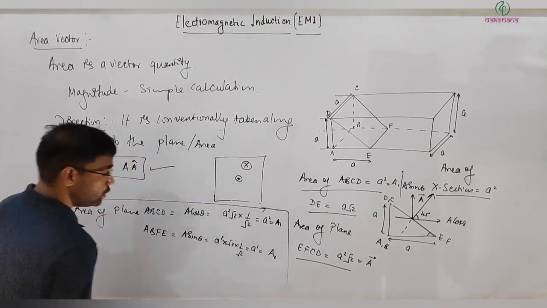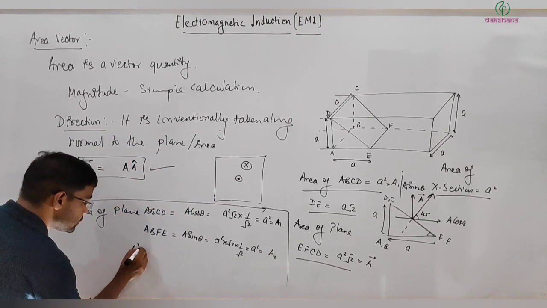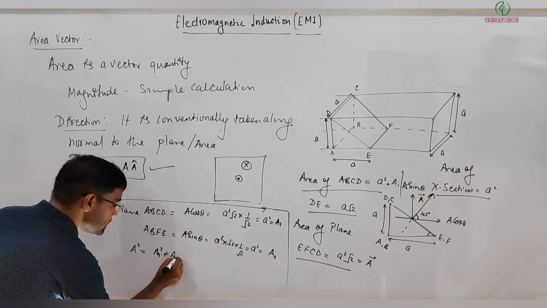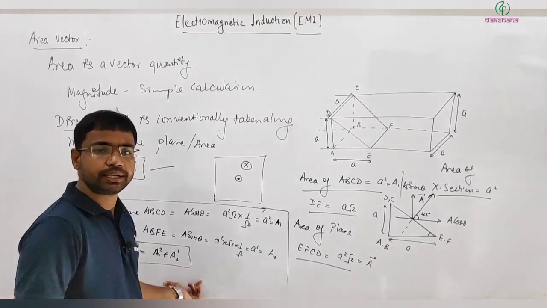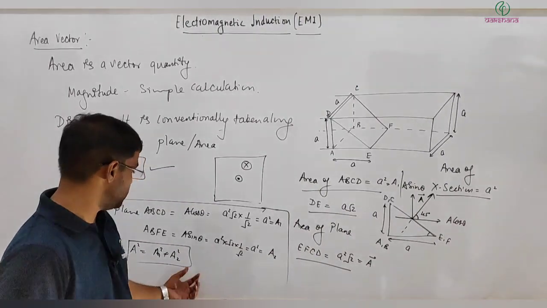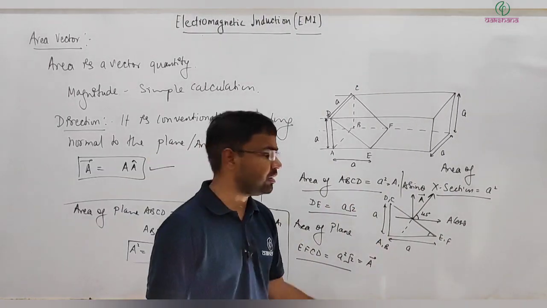Let me write it as A2. So we can write A square is equal to A1 square plus A2 square, because they are perpendicular components, just like a normal vector. The same thing is here also, we can resolve into perpendicular components.